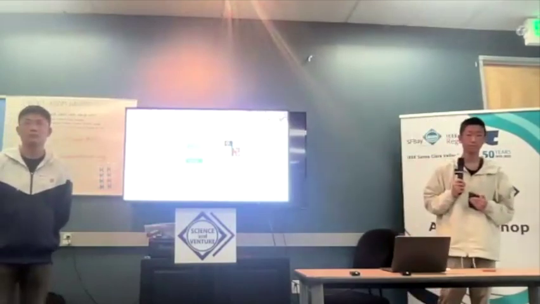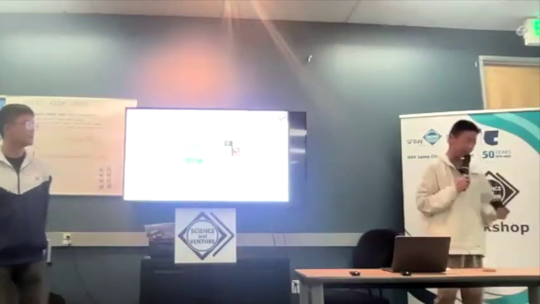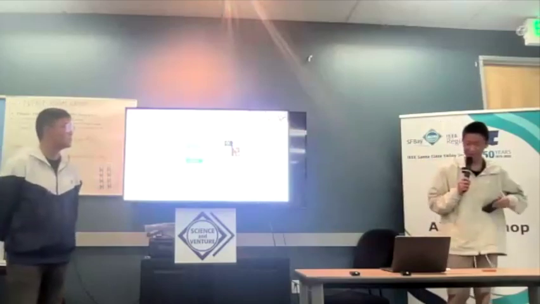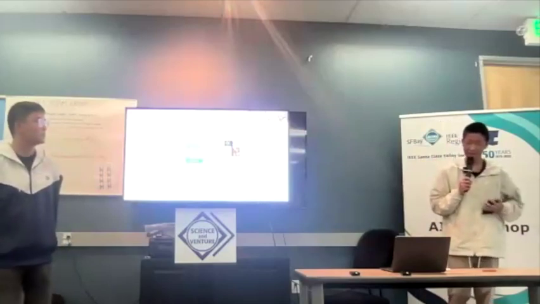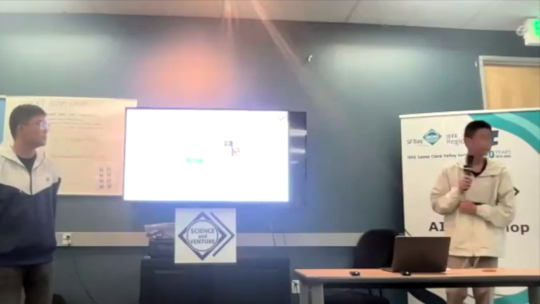How are you guys different from the competitors that are doing this already? Well, I don't think we saw any competitors right now. We haven't really looked up other apps that did this.